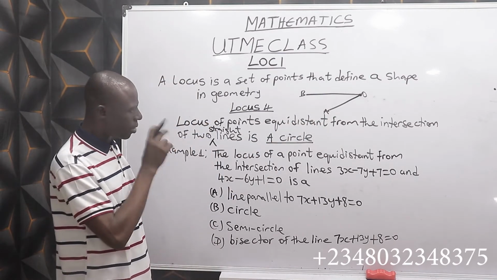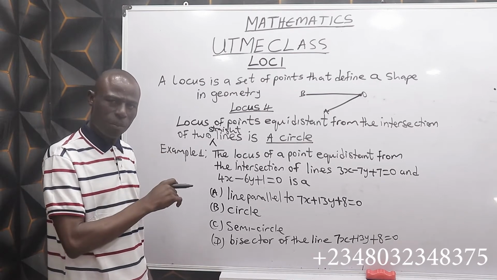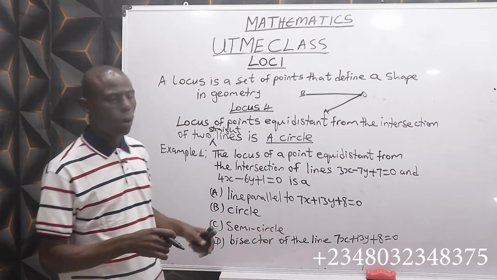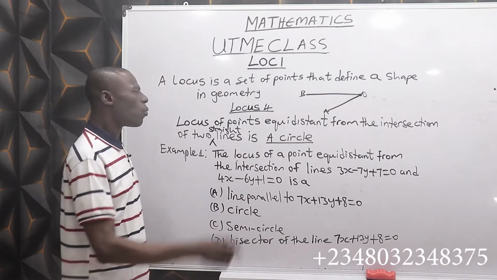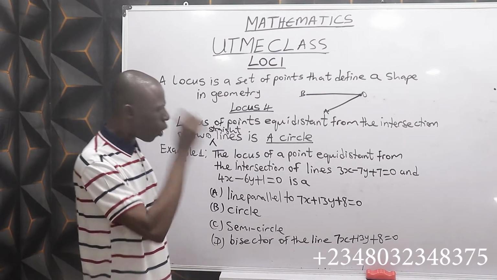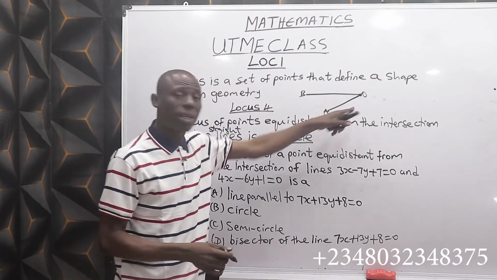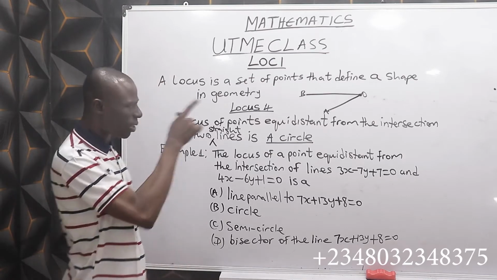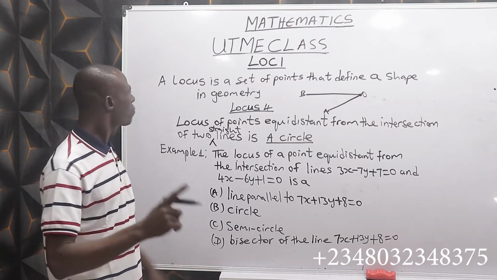Remember, we have considered a locus of points which refer to the angle bisector of the two intersecting lines. But in this case, we focus on the intersection point. An intersection point is a fixed point. Do you understand? The point of intersection is the focal point here, and it is a fixed point.